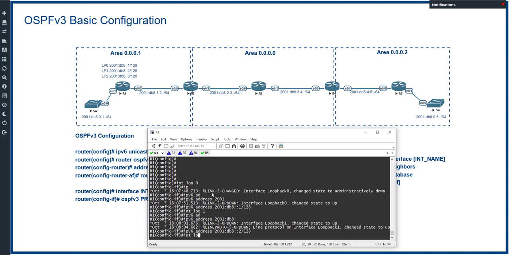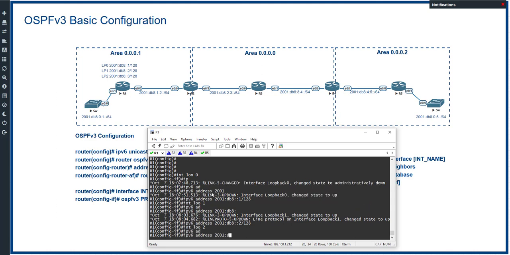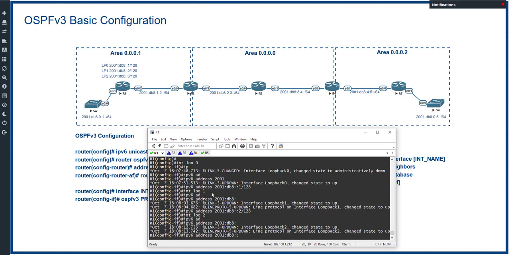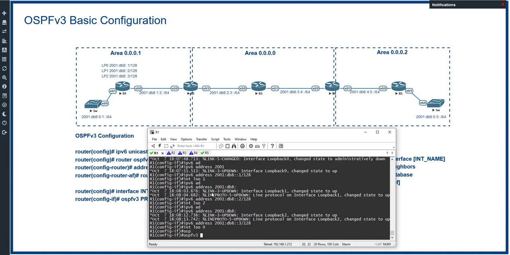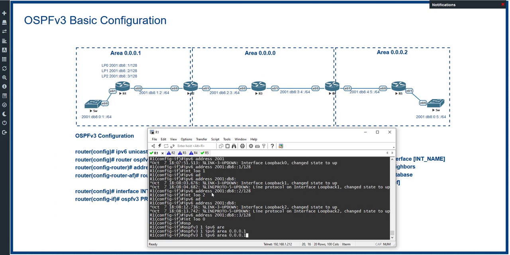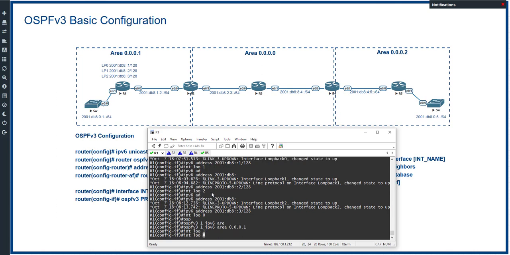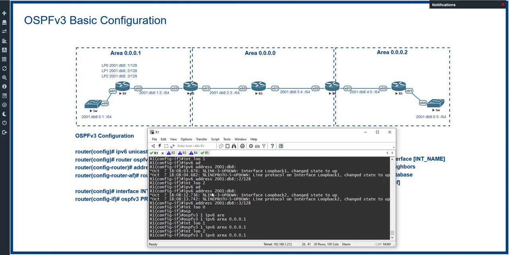And finally, interface loopback 2, IPv6 address 2001:db8::3/128. Then on interface loopback 0, I'm going to configure OSPFv3 1 IPv6 area, for example 0.0.0.1. Then interface loopback 1 with the same command, and then interface loopback 2 with the same command.